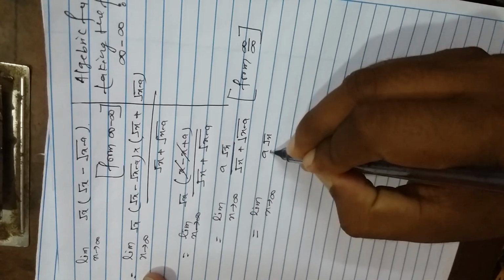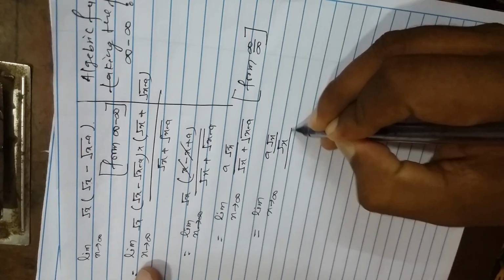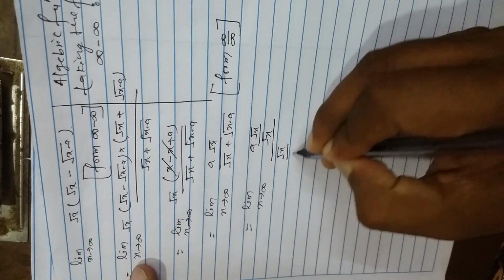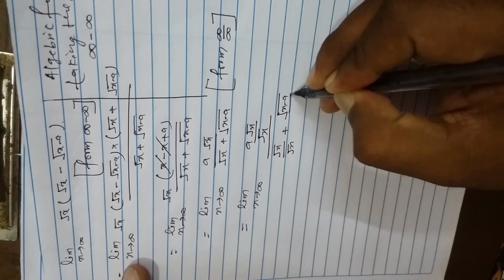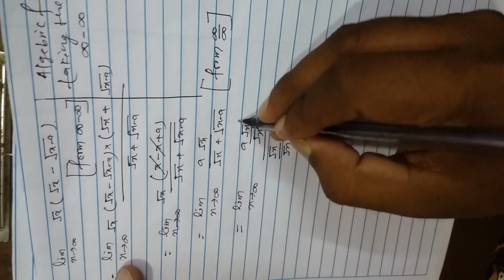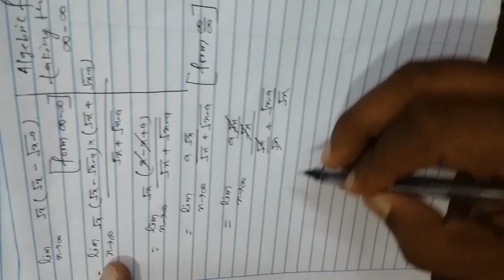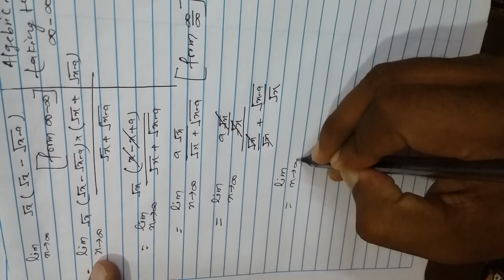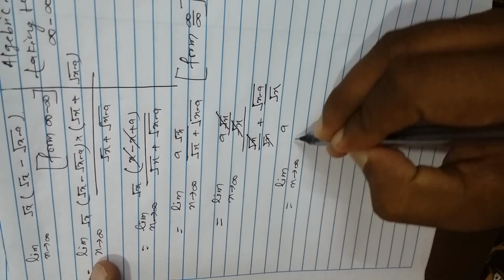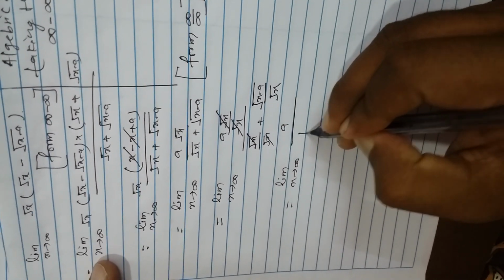A root x by root x, root x by root x, and root x minus a by root x. Here root x will cancel. So you will be left with limit x approaches infinity. In the numerator, a root x by root x is a.